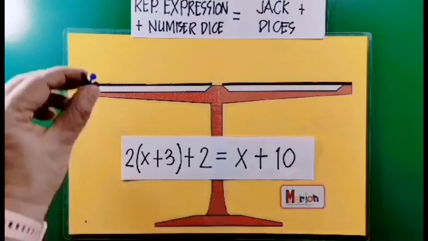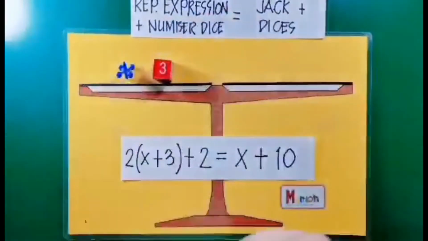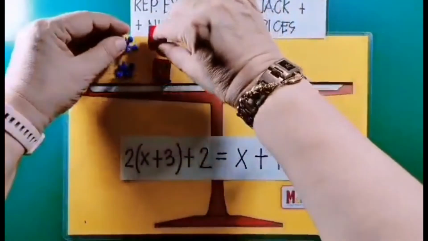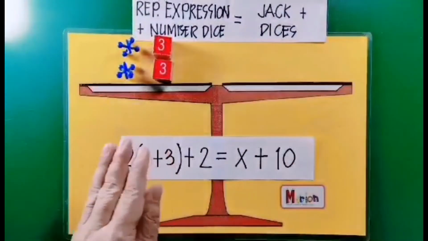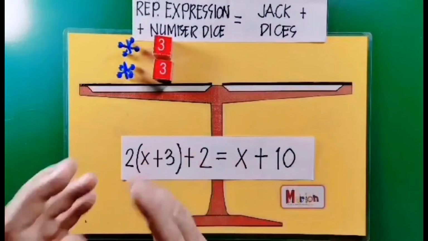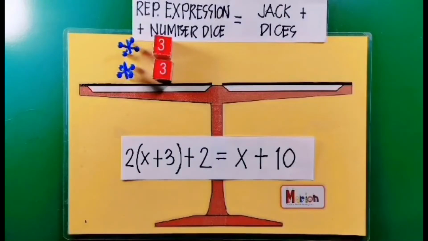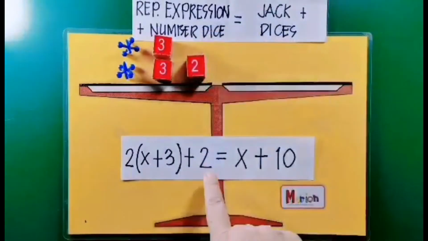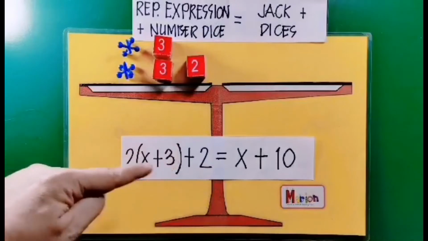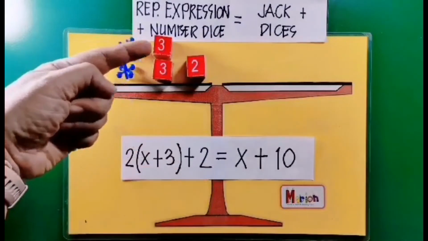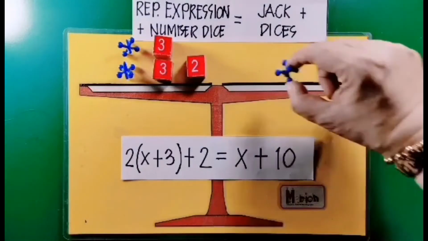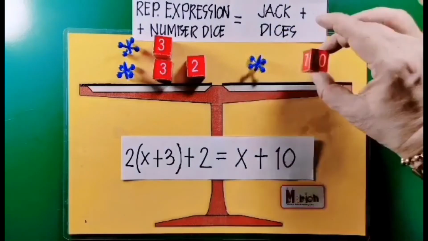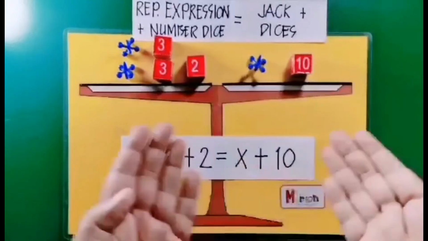So let's do that: x plus 3 and plus x plus 3. So the setup is done. We have the parentheses or repetition. Then we need to add 2 for this. So again, this expression is for this setup. 2 is for that cube. On the other side, we have x plus 10. There's your setup.